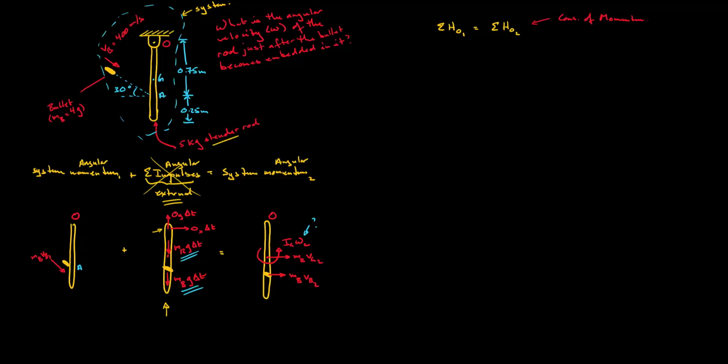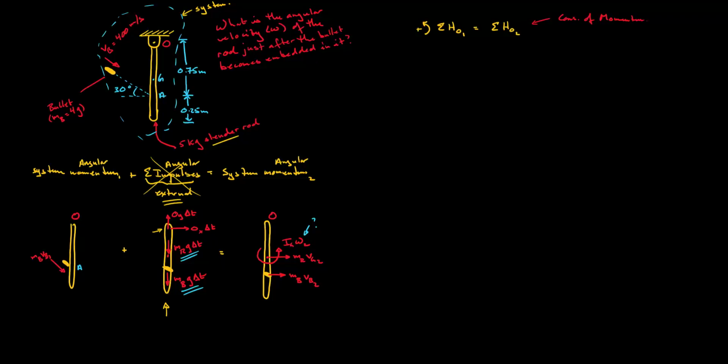These are not creating any moments that would result in an angular impulse. Therefore, we have what we call conservation of angular momentum. So the angular momentum at time 1 is equal to the angular momentum at time 2. And we need to be precise here: this is the angular momentum about the axis of rotation O. Now this is a scalar equation, so I'm going to have to define a positive sign convention, which I will say is counterclockwise as being positive.